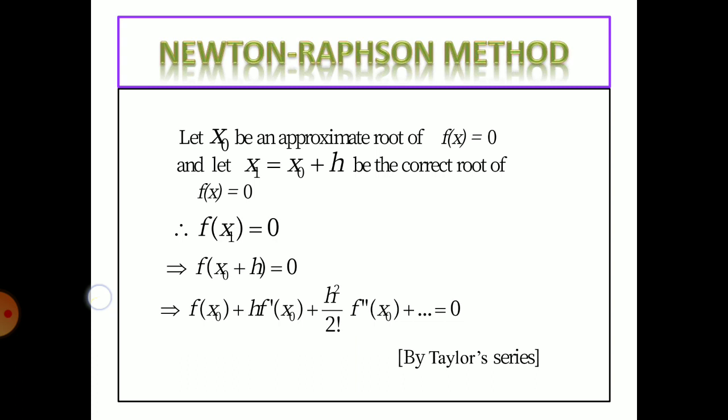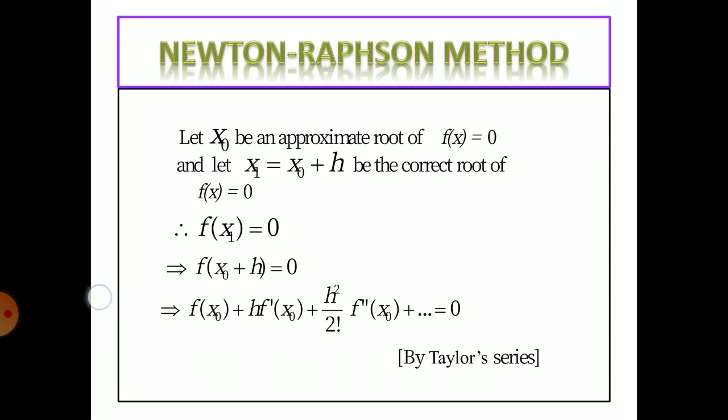Now in this Taylor series, we shall neglect the second and higher order derivative terms. That means the terms after h² / 2! f''(x0), we shall neglect all these terms.